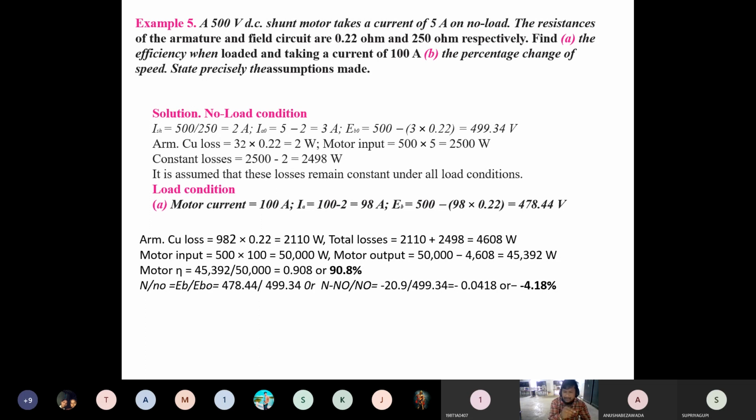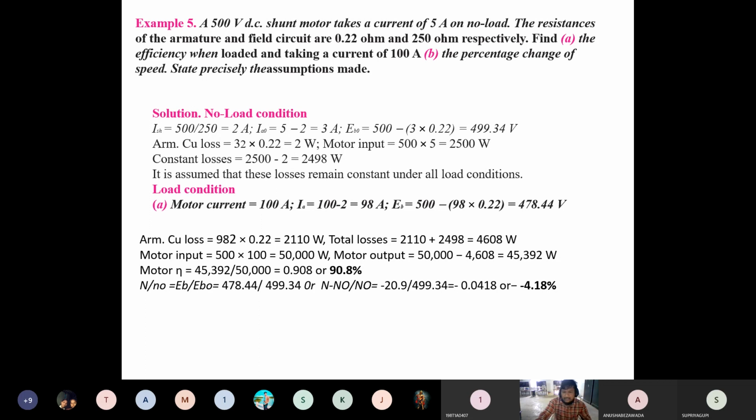So N at loaded condition to N at no load condition is equal to back EMF at loaded condition by back EMF at no load condition, that is 478.44 by 499.34. Otherwise, percentage is nothing but the difference: 478.44 minus 499.34 by 499.34. We get minus 0.0418, in percentage minus 4.18 percent change in speed.